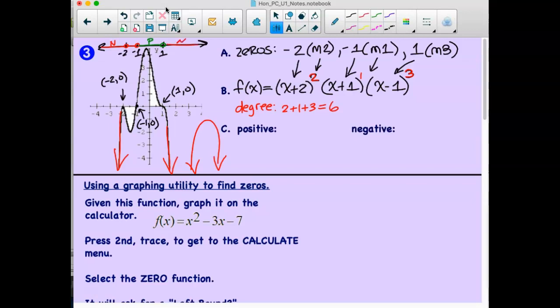All right, so my positive interval, there is only one, and it's between -1 and 1. The negative interval, there are going to be 3 separate intervals that are negative. So I'm going to go ahead and write those down.